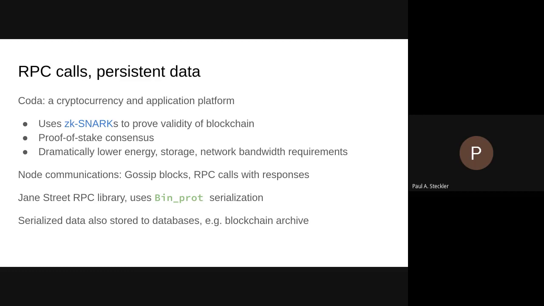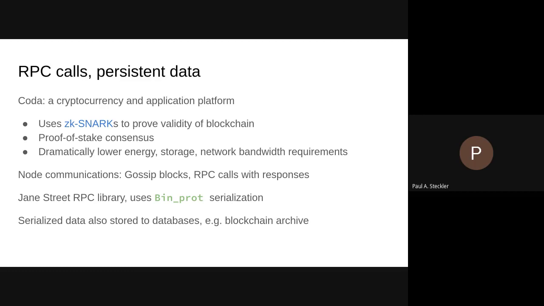And like other cryptocurrencies which live on the internet, there are communications between nodes. One form of communication is a node will gossip blocks in the blockchain to other nodes, not expecting a response. But we also have RPC calls where one node will query another node and expect a response back.